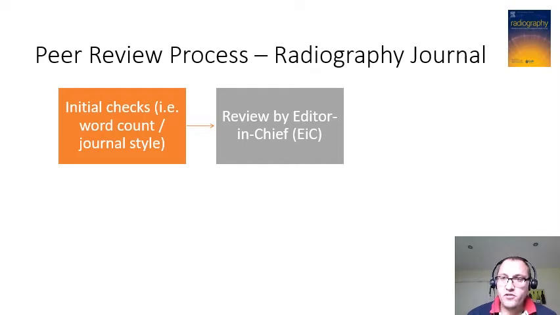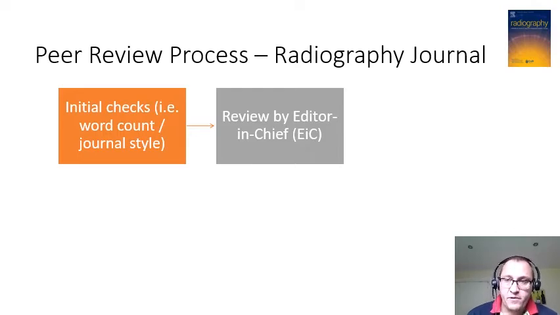So for the Radiography journal, this is Professor Julie Nightingale, and Julie will do several things. She will look at the article and see whether it initially meets the scope, the aims and objectives. So if it was on marine farming or fisheries, then obviously it wouldn't be within the scope and it would be rejected.